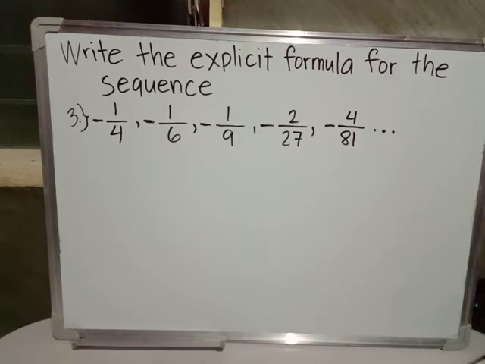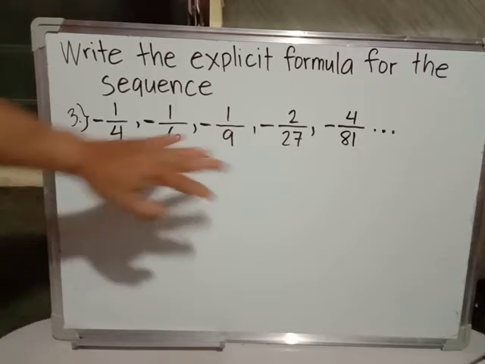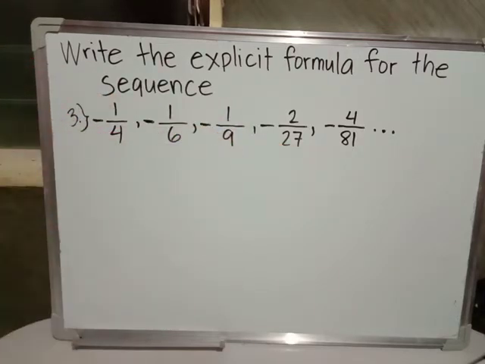Okay, example number 3 is: write the explicit formula for the sequence 1/4, negative 1/6, negative 1/9, negative 2/27, negative 4/81. Even without testing, we already know that we cannot find an explicit formula because the common difference is not constant.